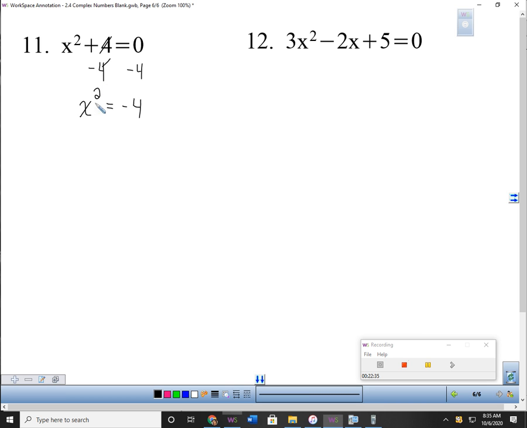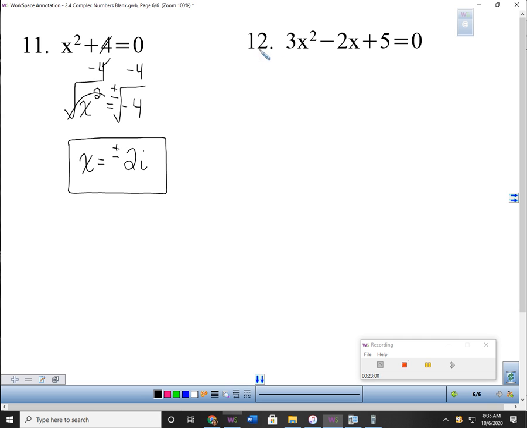And then to get rid of my squared, I have to square root, and I don't want to forget the plus or minus. So if I take the square root of a negative, I know that I'm going to have an i. So all that's left is the square root of 4, which would be 2. So I just get plus or minus 2i.